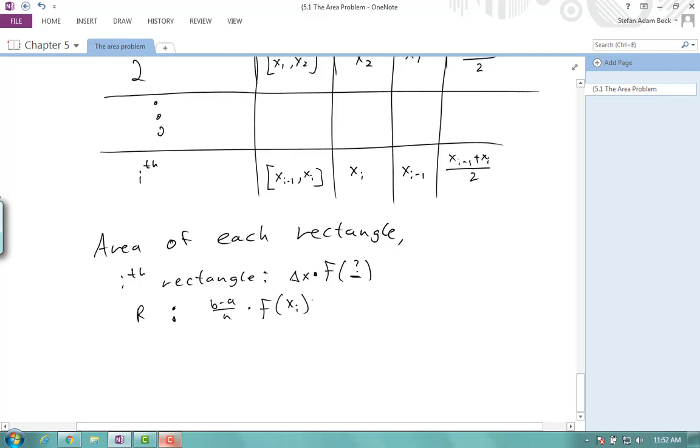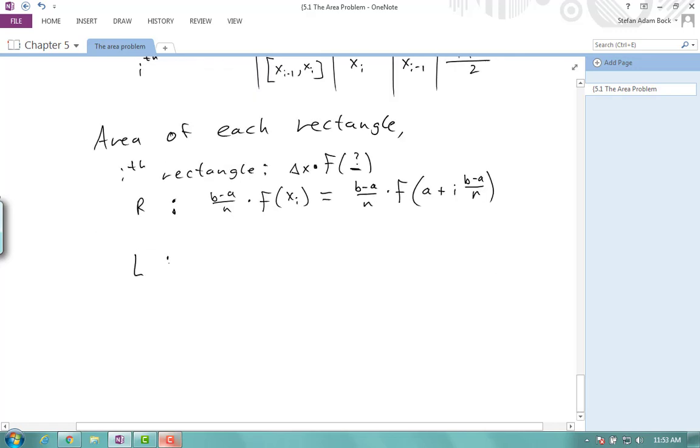But since these are all equally spaced, x sub i is i many subintervals away from a. So this is actually equal to (b minus a) over n times f of a plus i copies of the subinterval width.